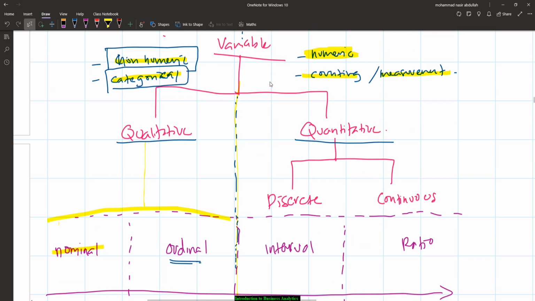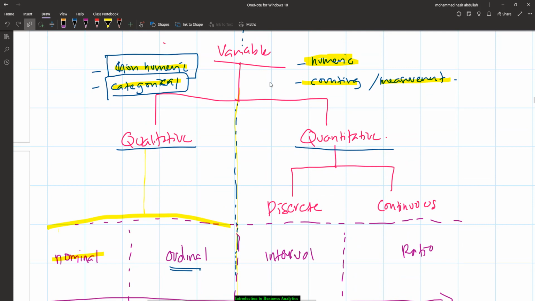We identify. So this is qualitative data. Qualitative data, again, is categorical data, non-numerical data, right? Something that we cannot measure is called a qualitative variable or qualitative data.